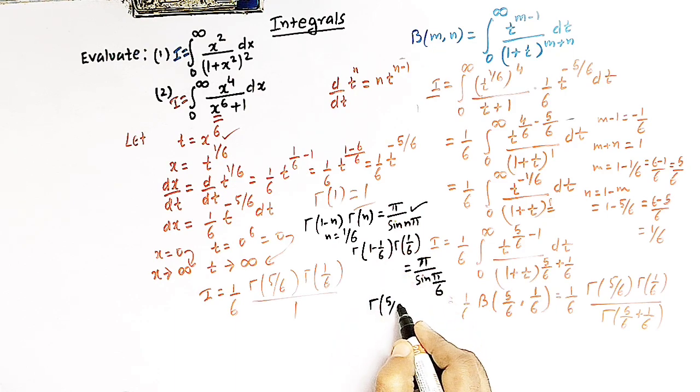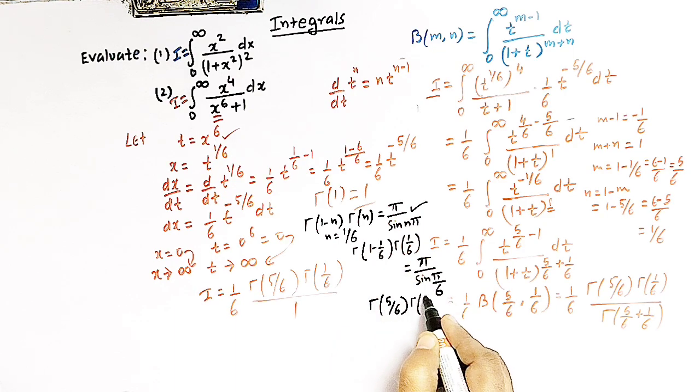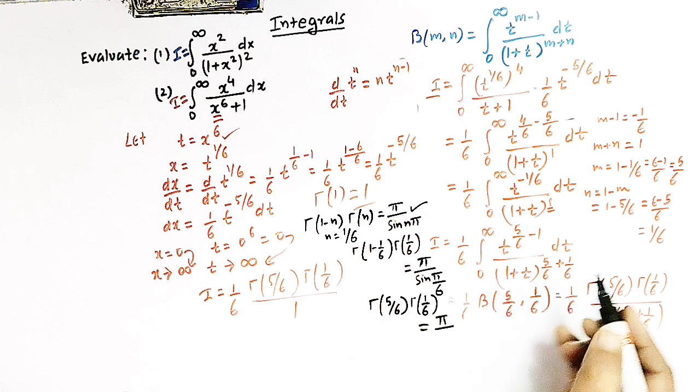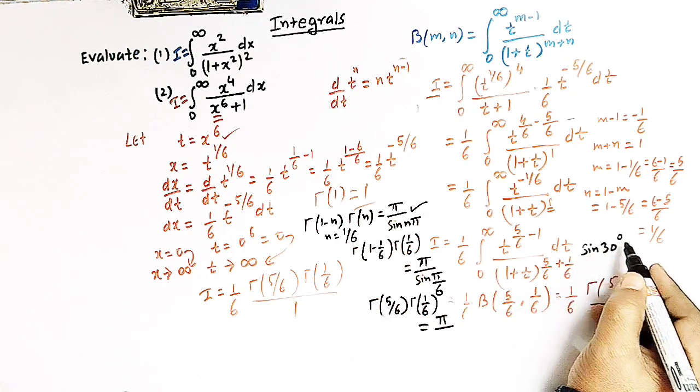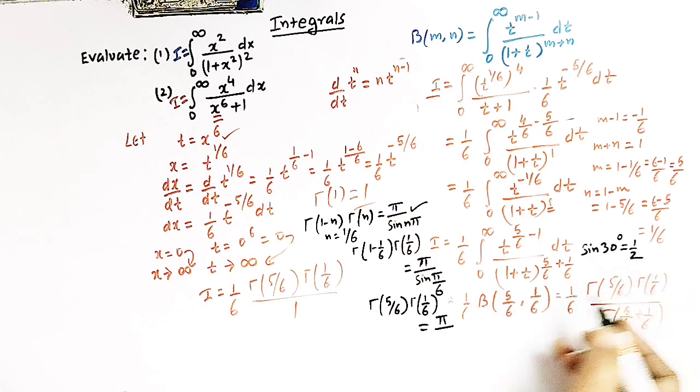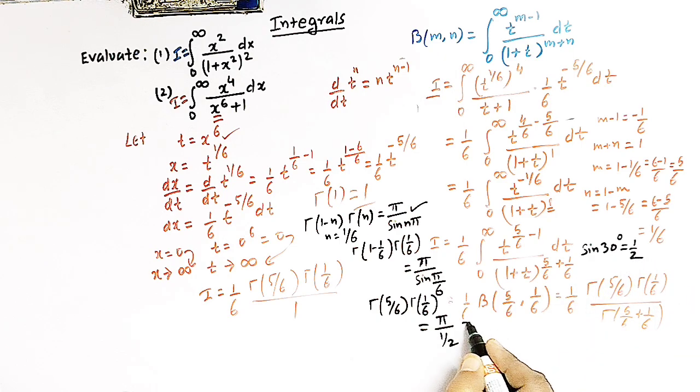So we have gamma 5 over 6, then we have gamma 1 over 6, and this is equal to pi divided by sine pi by 6. Now sine pi by 6 is sine 30 degrees, that is equal to half, right? So here we have half, taking this half to the numerator, we have 2 pi.